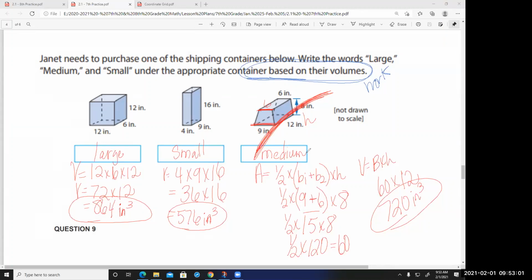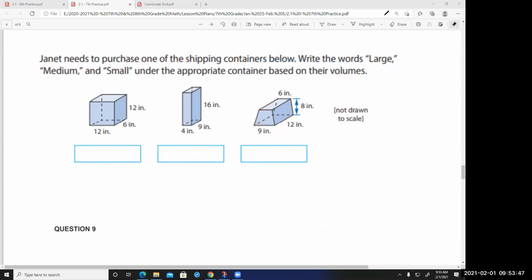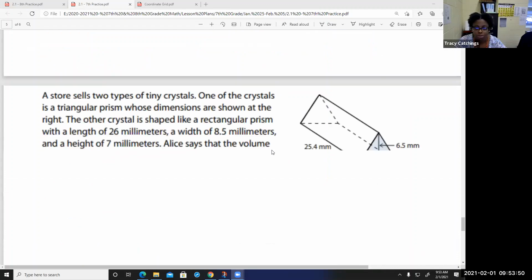All right, that was question 8. I believe you got maybe 2 or 3 or 4 more problems.